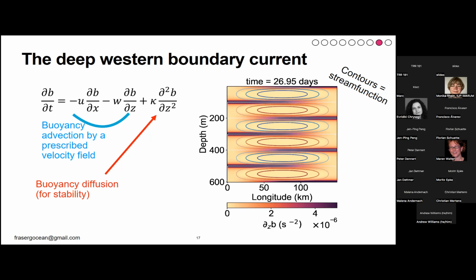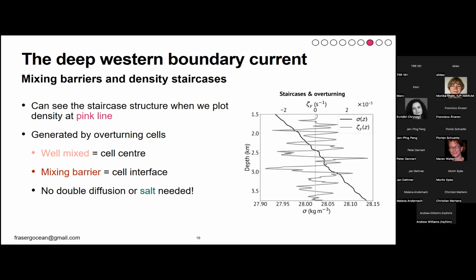Also generated differently, right, by mixing in these cells and mixing boundaries? Yes, but that's not what we're seeing in here. Now you see homogeneous buoyancy within the cells, and then jumps at the boundaries, where there's no mixing. So I could also say that's the mixing effect inside the cells.